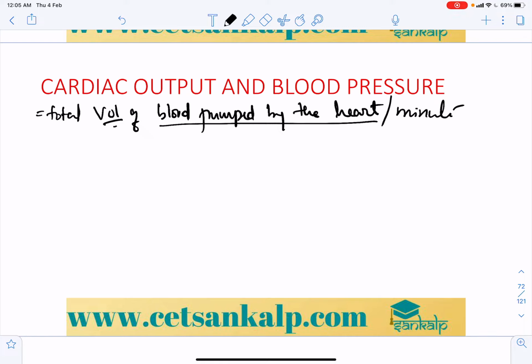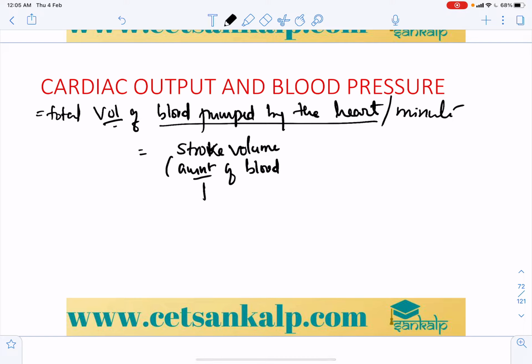So what is that exactly? Stroke volume means the amount of blood pumped by the ventricle during one beat, that is, during one ventricular systole.